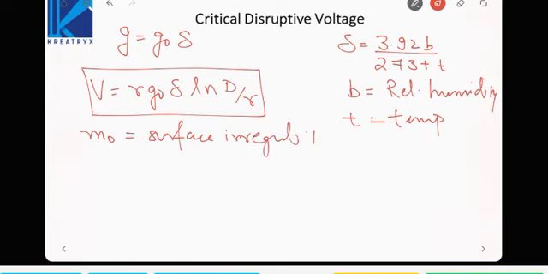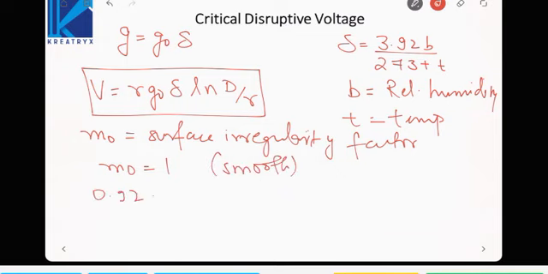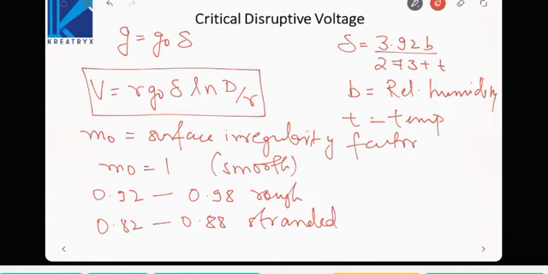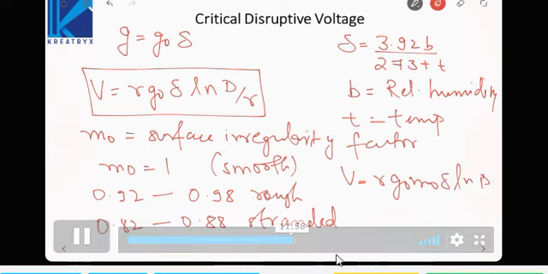It will indicate how irregular your surface is. It must be 1 for a smooth surface. It lies between 0.92 to 0.98 for a rough surface, and 0.8 to 0.88 for stranded conductors. So voltage will become r G naught m naught delta ln d by r.